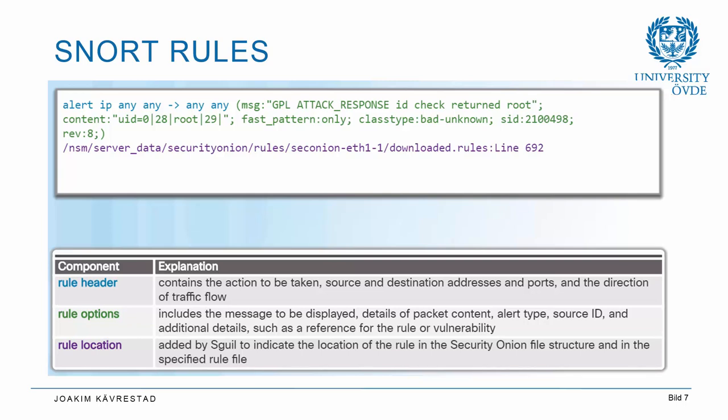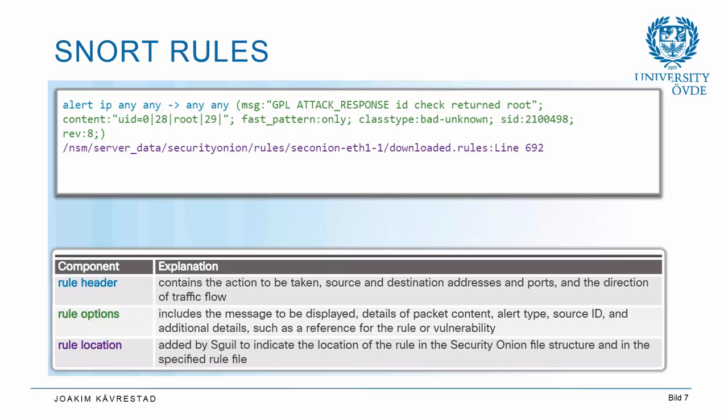Then we have the rule options, which is the green part, and this includes the message to display. In this case, GPL ATTACK_RESPONSE id check returned root. Then it can include some details of the packet content, a pattern, and so on and so forth.